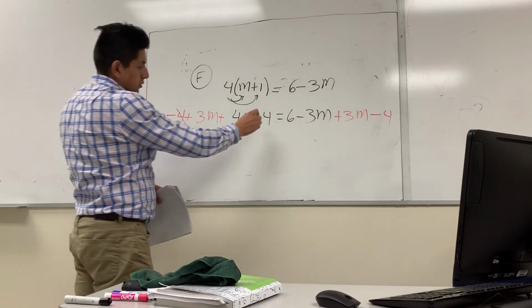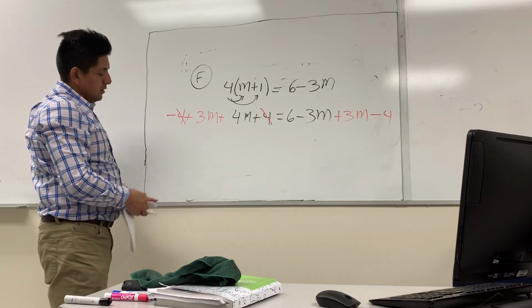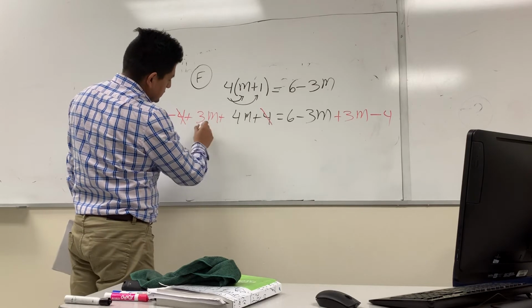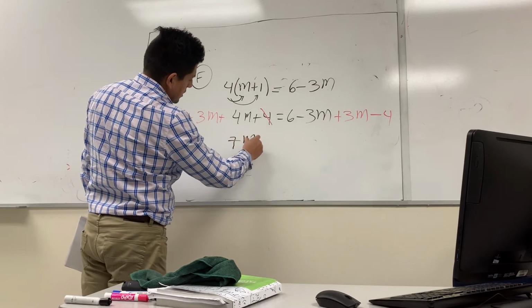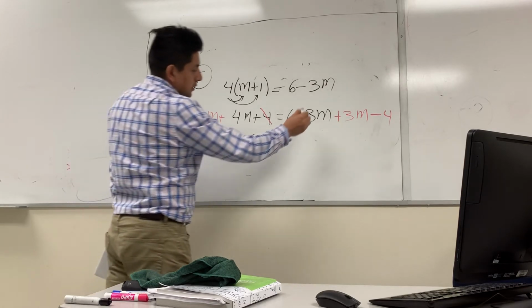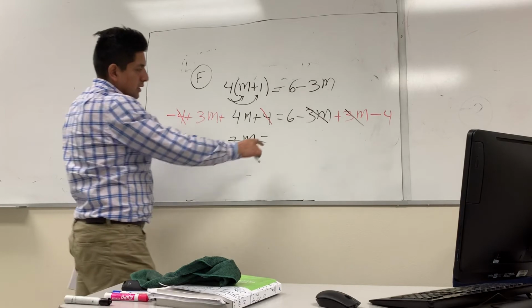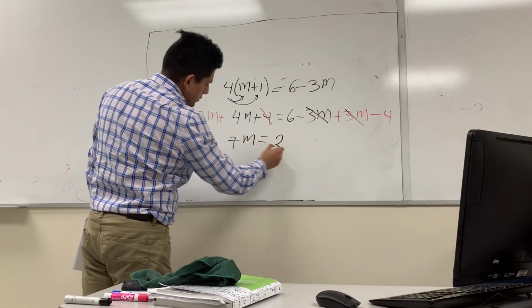So positive 4 with negative 4 will go away. If I combine these two, I'm left with 3m plus 4m, which is 7m. And then negative 3m with positive 3m goes away, and 6 minus 4 is simply 2.